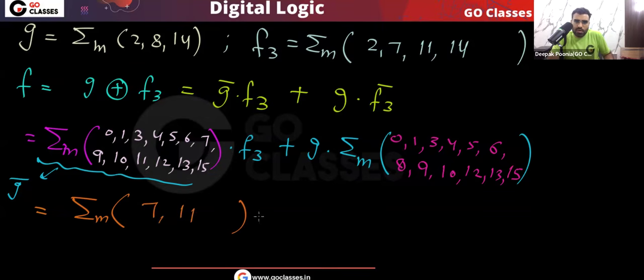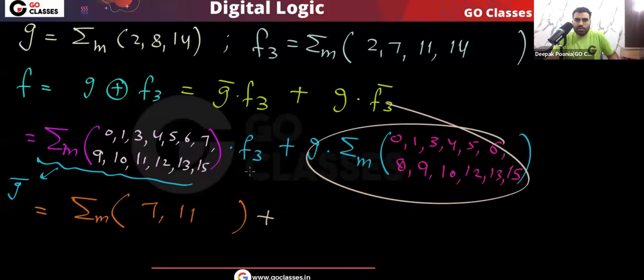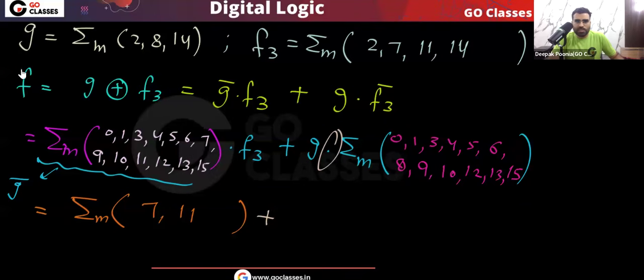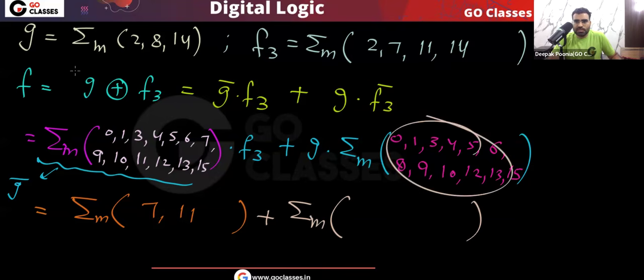What will be the expression here? You can see here also there is an AND operation, so I need to take the intersection of the minterm lists. Correct? This minterm list intersection this minterm list will be 8.